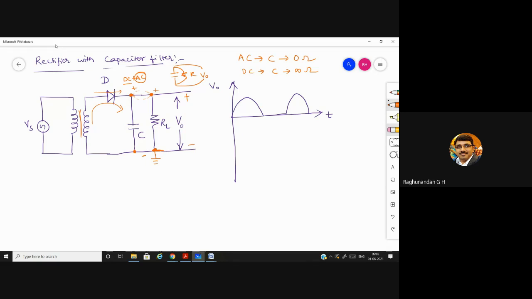Is it a better option for AC to go through the capacitor filter, or through RL? Capacitor filter, right? Because it is offering least resistance, and you know that the path which offers least resistance will be taken by the current to flow.